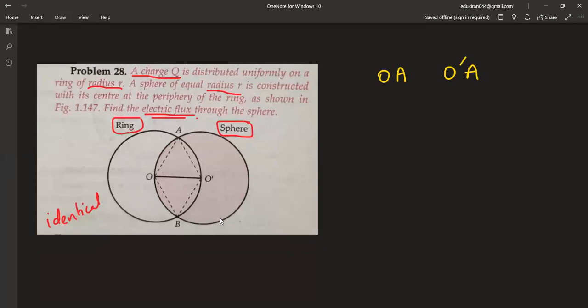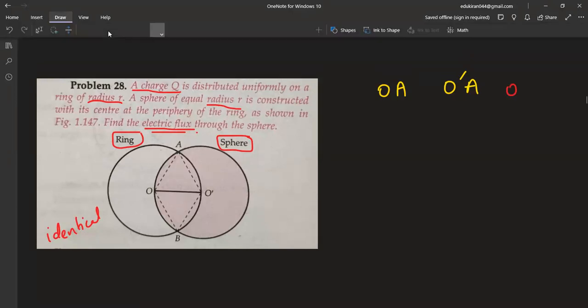By looking at the figure, the circle or the sphere, can you figure out anything about point O and point A, and O dash?